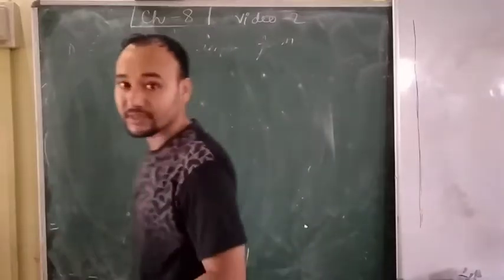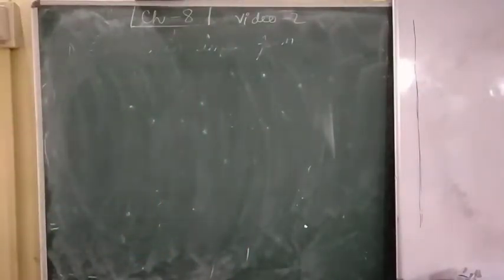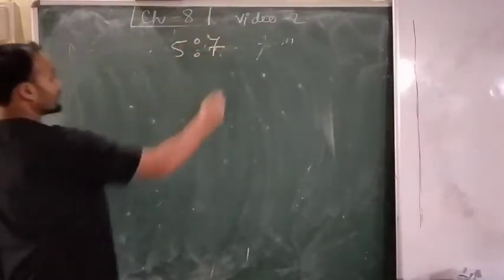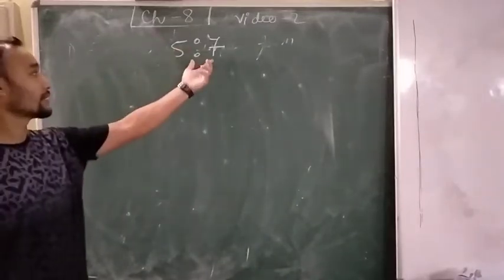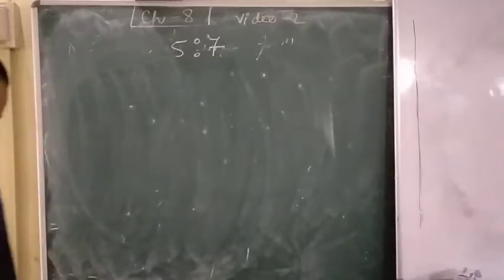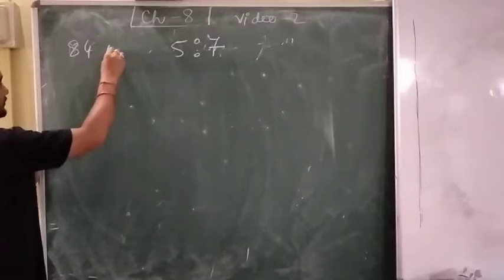A particular ratio is given. In that particular ratio, we have to divide the toffees. The ratio is 5 is to 7. Be very careful while writing the ratio. If you somehow write 7 is to 5, your whole answer will be different. Fine. Now we have to divide 84 toffees.